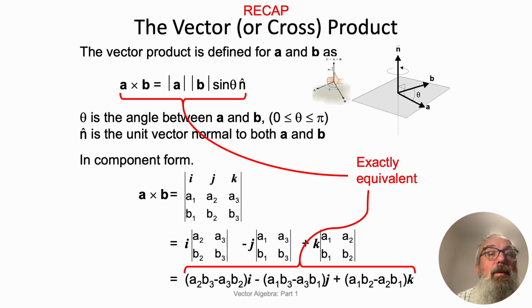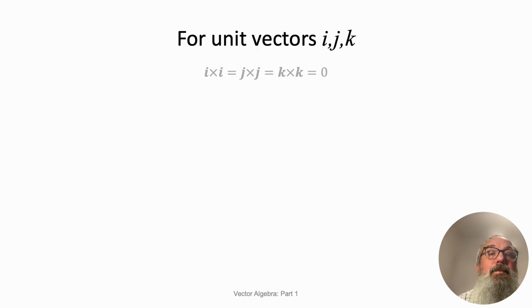Just remember that the A cross B in this vector form is exactly equivalent to this A cross B in component form. We have the three unit vectors in the direction of the axis system, x, y, z, i, j, k. i cross i, j cross j, k cross k are all equal to 0 because they're parallel.